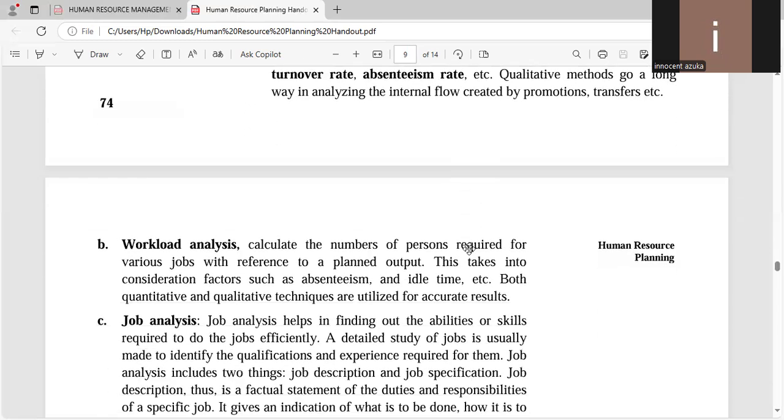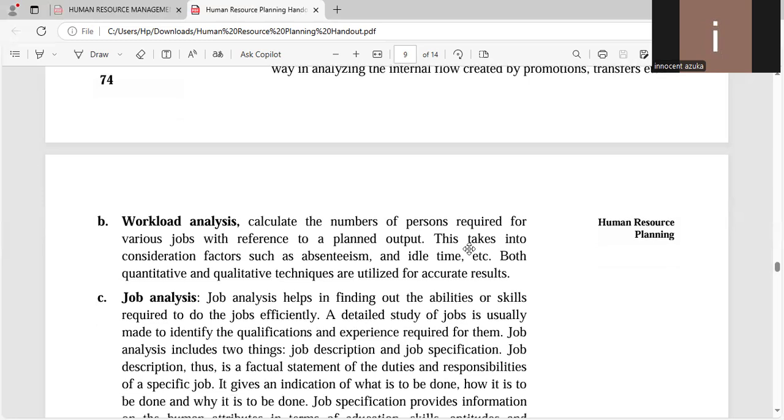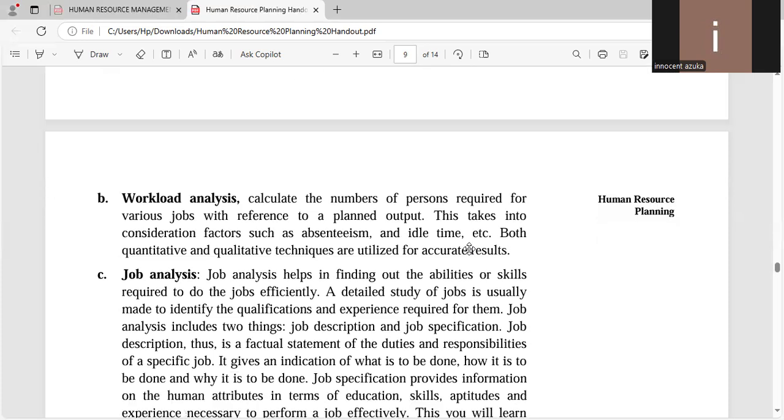We have the workload analysis. Workload analysis calculates the number of persons required for various jobs with reference to a planned output. So this takes into consideration factors such as absenteeism and idle times. Both quantitative and qualitative techniques are utilized for accurate results.